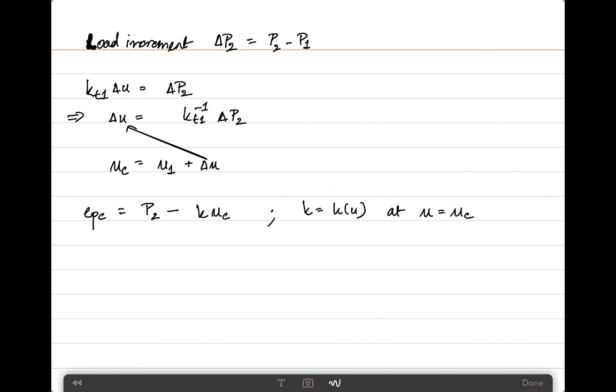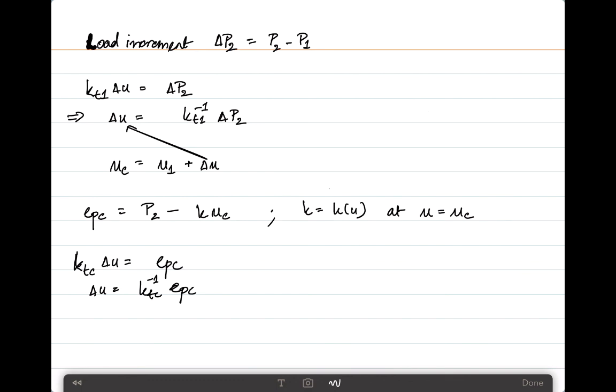We find, of course, there is an error. So we find this error, we bring it into the next equation. So we find that the tangent stiffness KTC times delta U is given as EPC. So we plot this, and we find the delta U in this case, which is given as the tangent stiffness inverse times EPC.